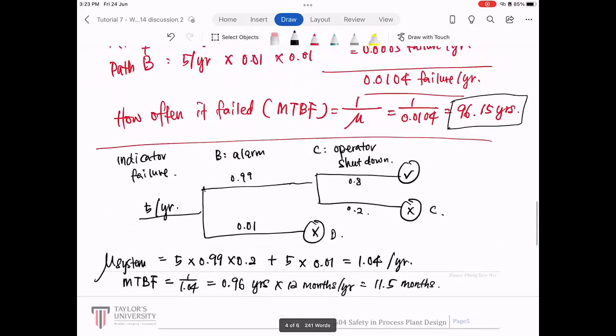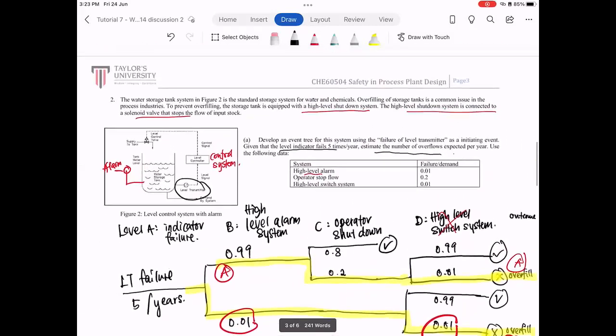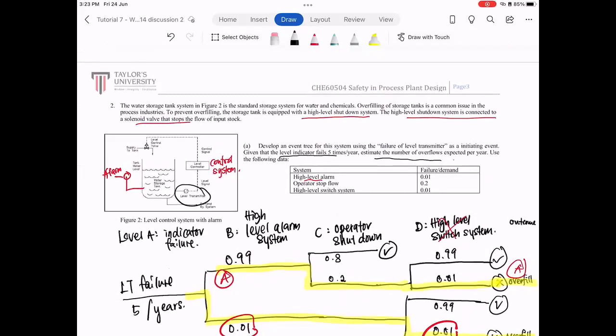So it is okay if this is water, you just waste some water, but it is not okay if this is a chemical storage tank. You have this overflow. If this is a flammable chemical tank, means you have flammable chemicals that are overflowing to the surroundings, and they evaporate and fire may just occur.